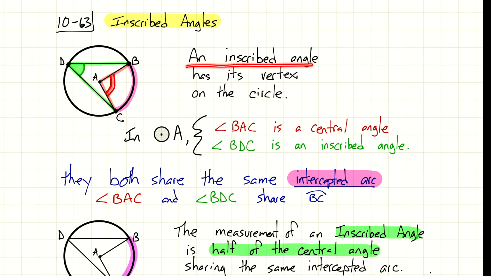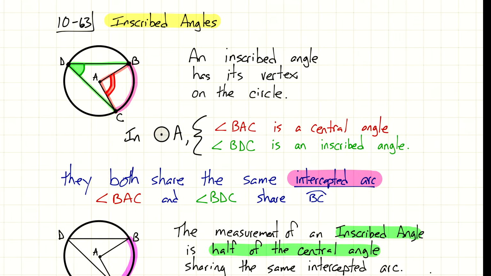We identify an inscribed angle as having its vertex on the circle. So if we look on the circle and we see an angle whose vertex is that middle point of the two segments, if it's on the circle, then we call that an inscribed angle.